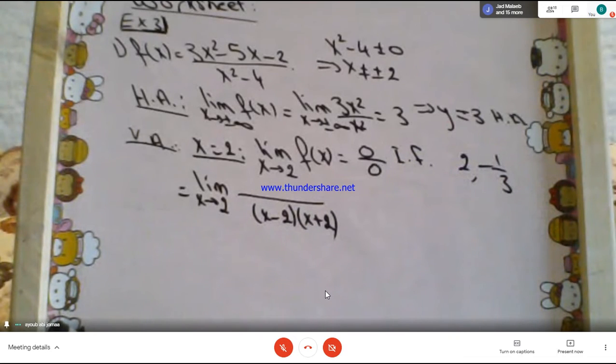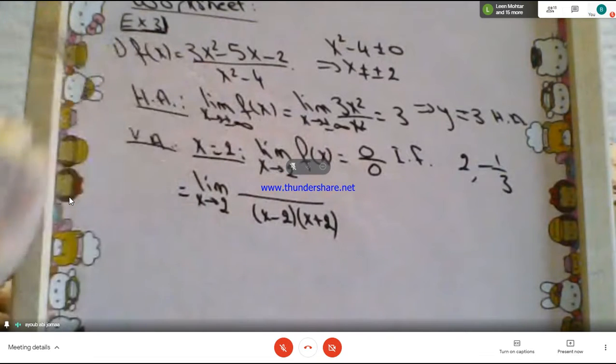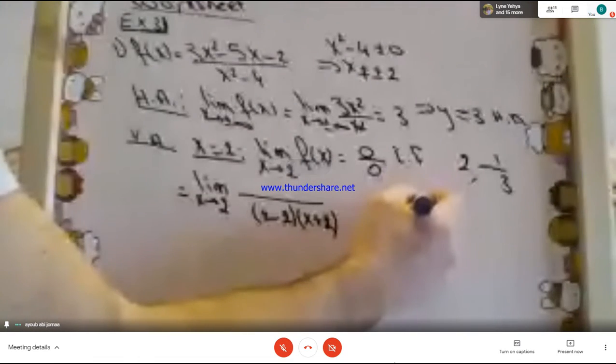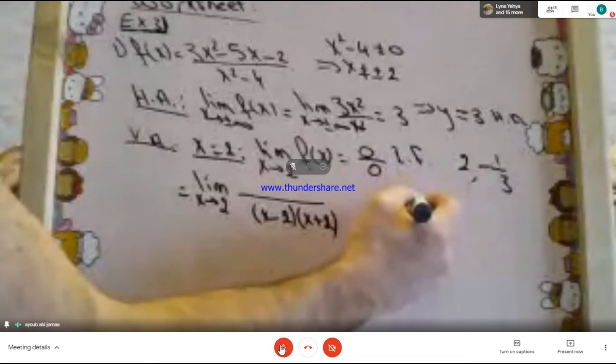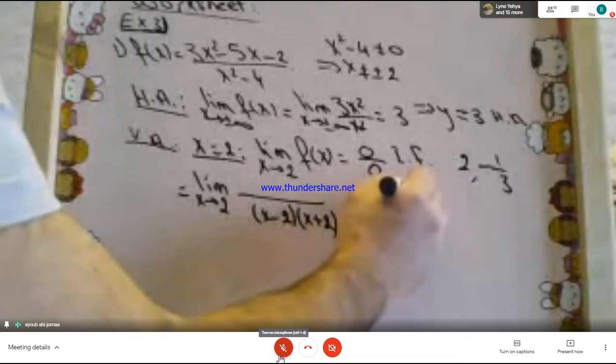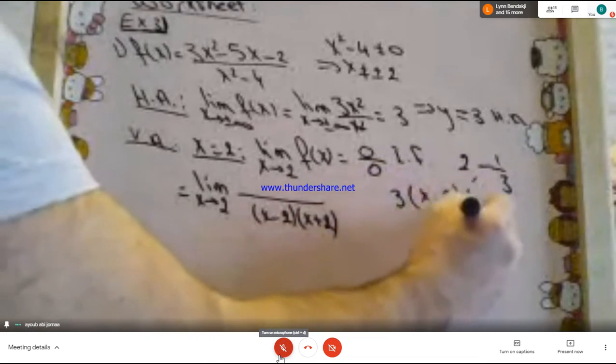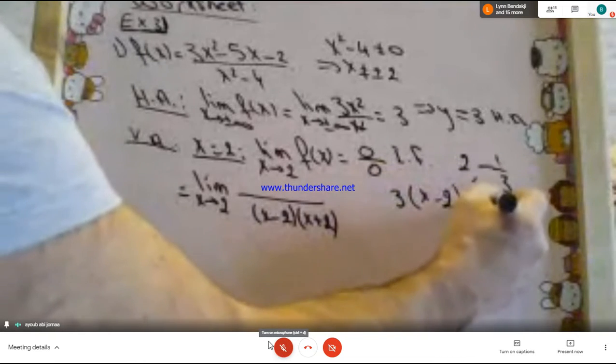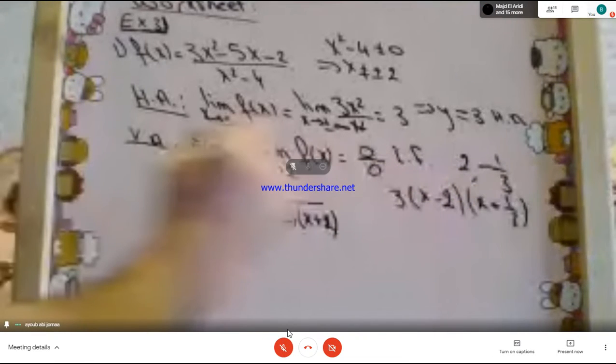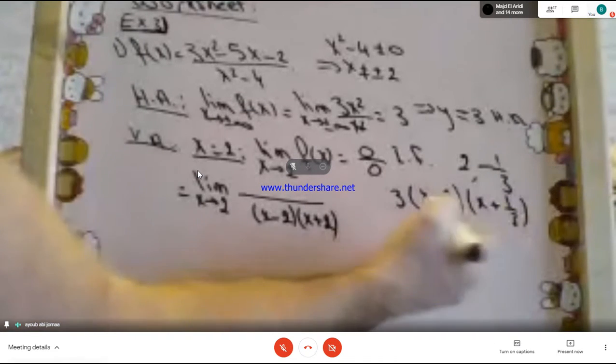Right? Then to factorize this, it's a times x minus x1 times x minus x2. So it is 3 times x minus 2 times x plus 1 over 3. Expand 3 over x plus 1 over 3.